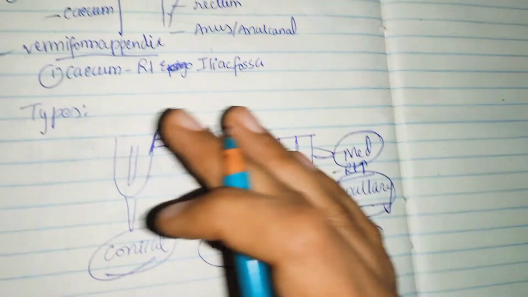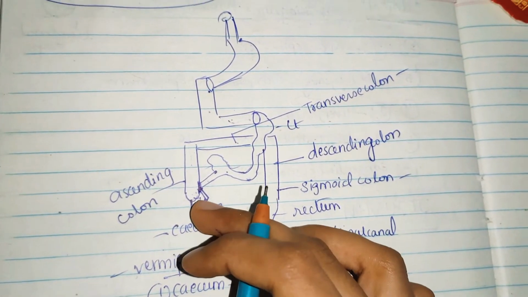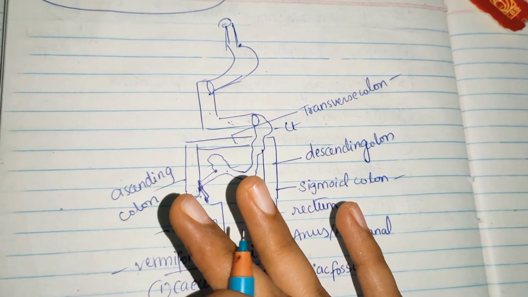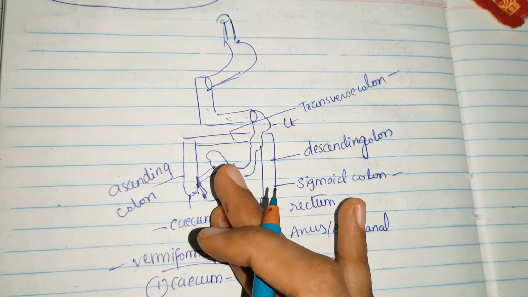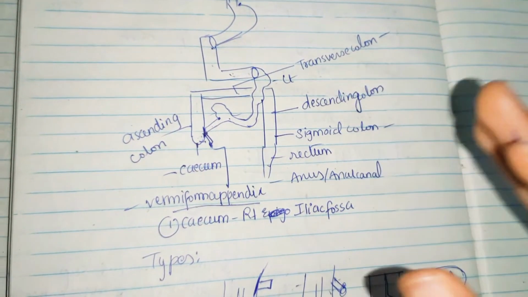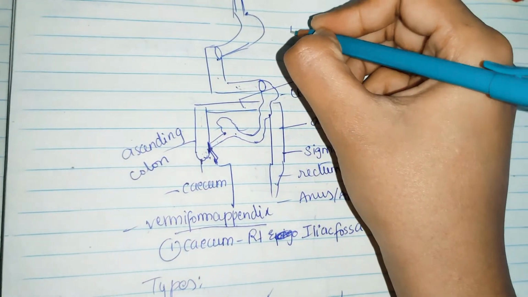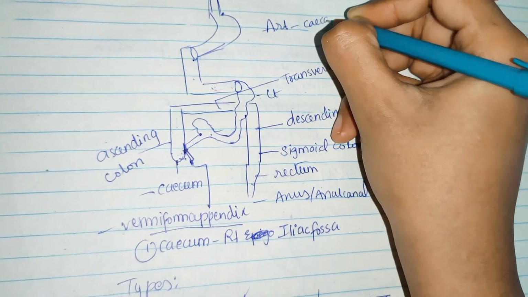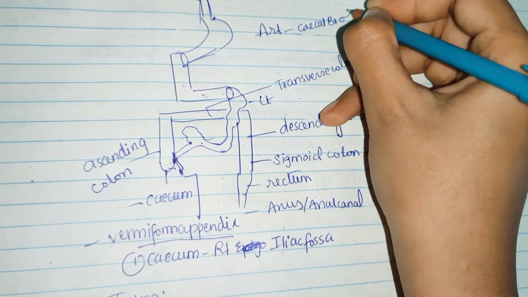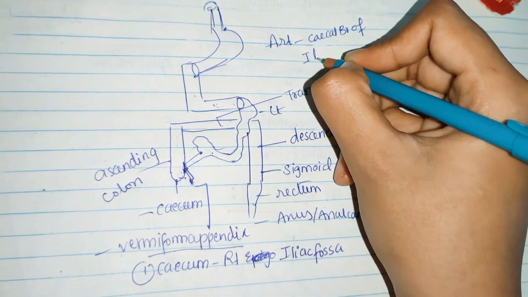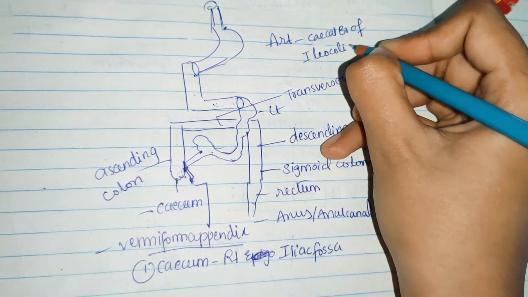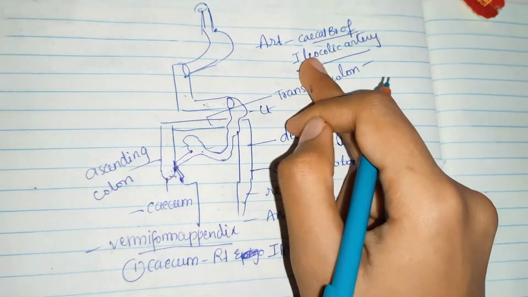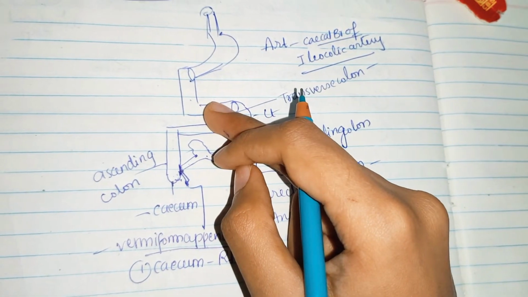Now coming to the morphology of the cecum. The cecum is longer in herbivores when compared with carnivores. Next, coming to vessels and nerves. The arterial supply of the cecum is from the cecal branch of the ileocolic artery. The cecal branch of the ileocolic artery supplies blood to the cecum.